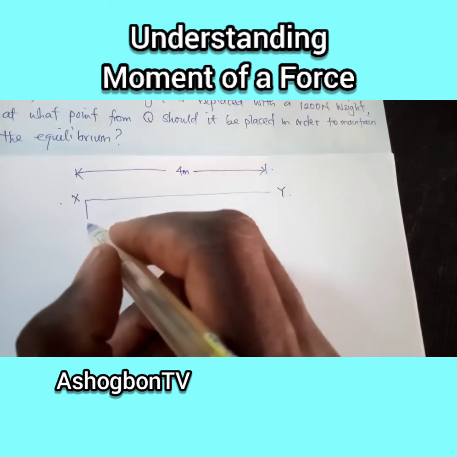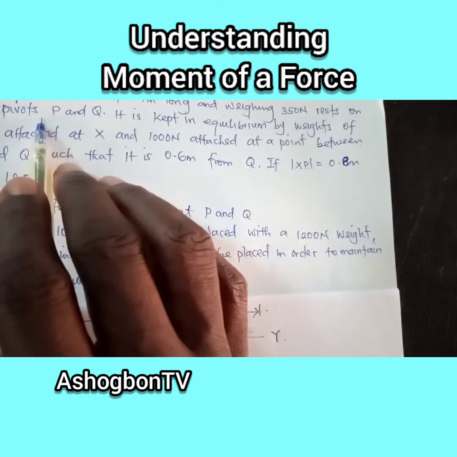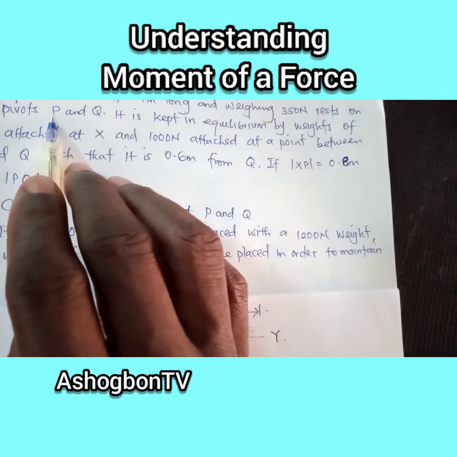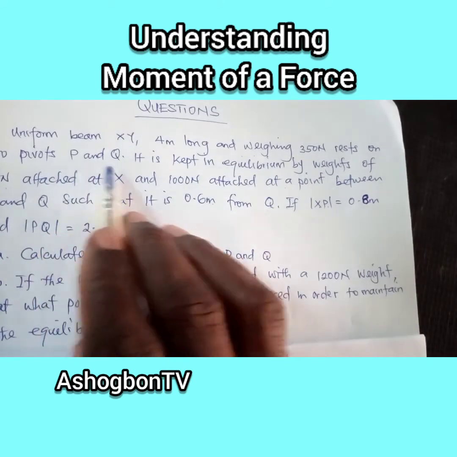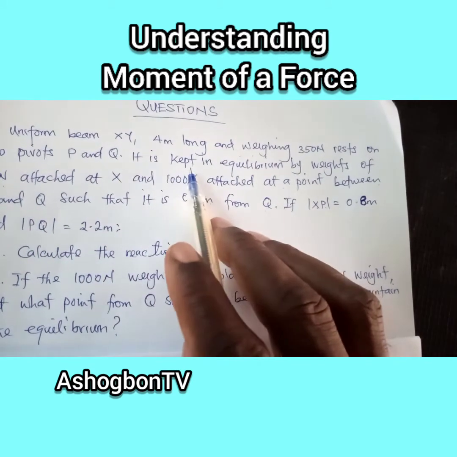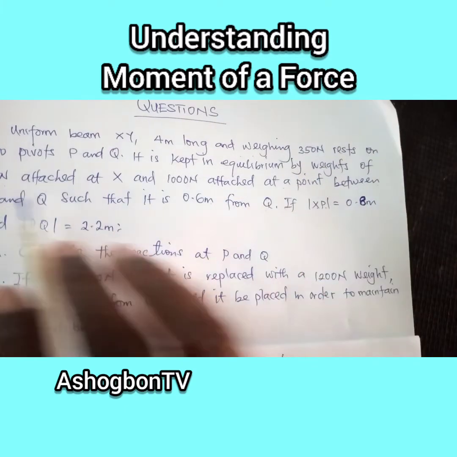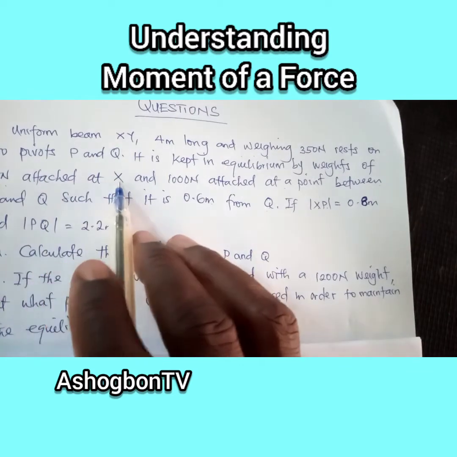So here you have the first pivot, P, while the second pivot is at point Q. And so we have this. So the first thing now is the weight of 80 Newton attached at X.